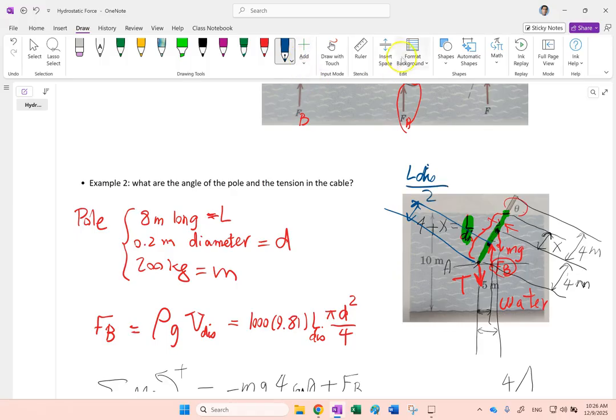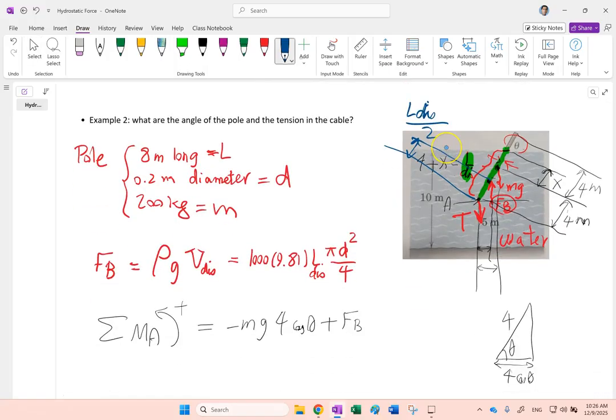So how much was L displaced? We just found that L displaced is 4 plus x. So this is going to be 4 plus x over 2. But not just that, times cosine theta. Because 4 plus x over 2 is the radial distance, we are interested in this portion, which needs to be multiplied by cosine theta. And this is equal to 0. And remember, this is 4 plus x.